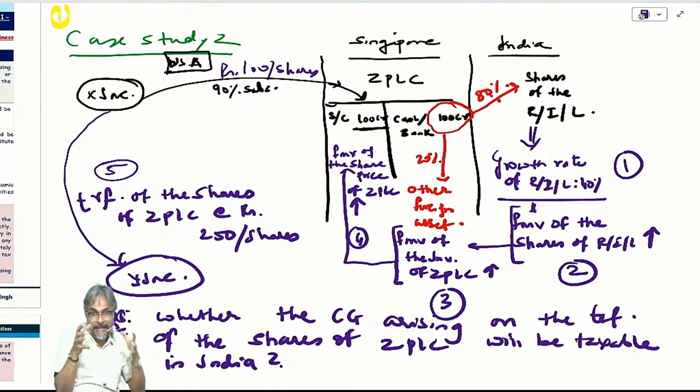See, you people are getting checkmated, because you already answered question number 1. And now you are trying to find the answer, but how is this possible? The nationality is coming, and it should have been taxed here also. Because deep down a voice is coming, whatever it be, ZPLC is not having its own value.